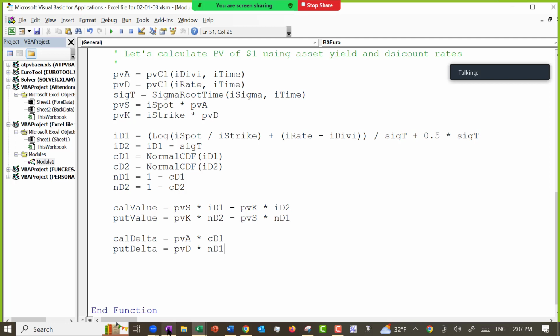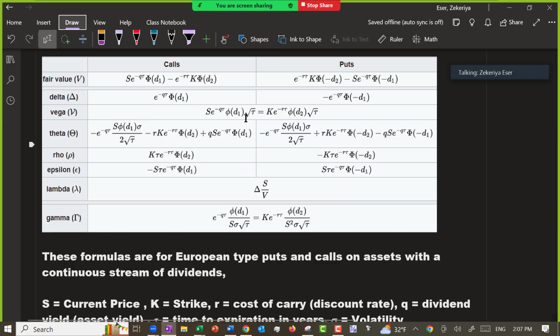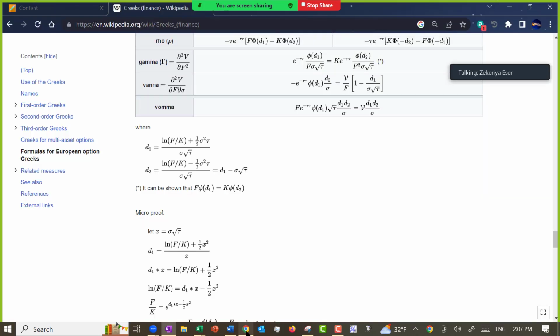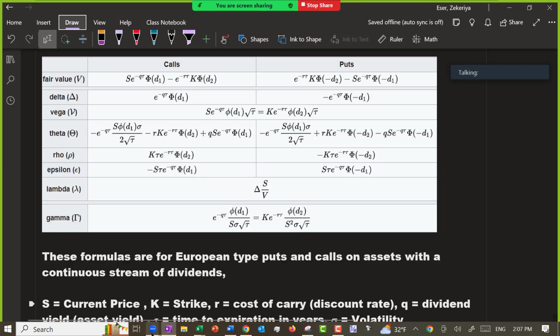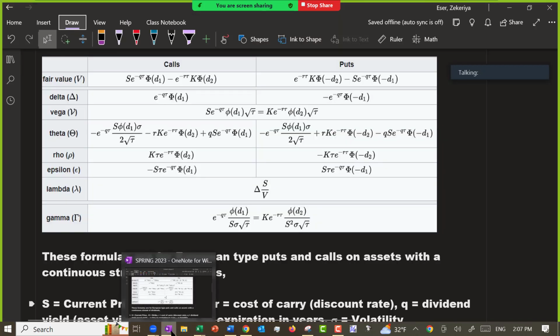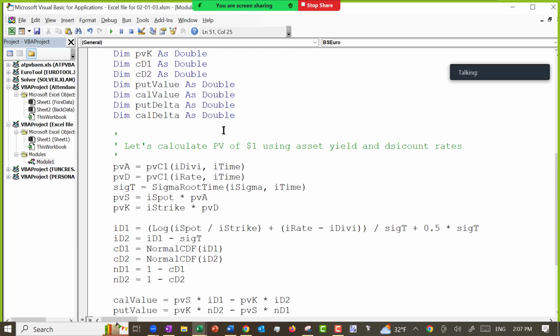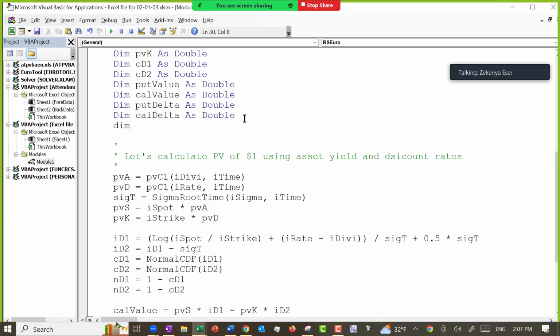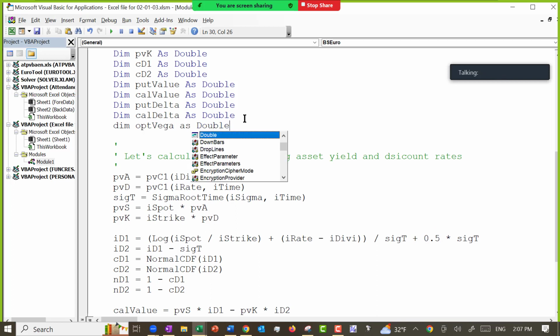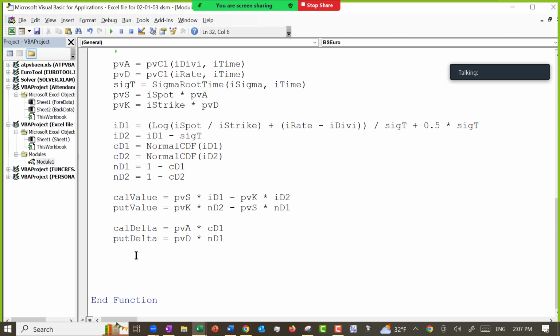Let's do the Vegas since they are exactly the same for call or put. Okay. So let's enter opt Vega. Opt Vega is for option delta, option Vega. Let's look at the formula.